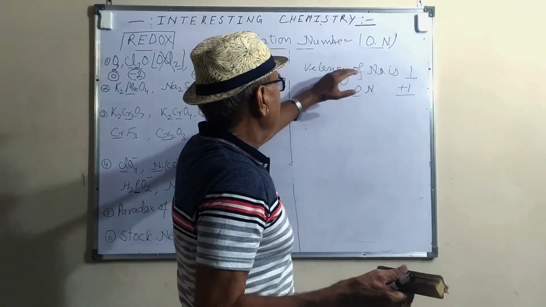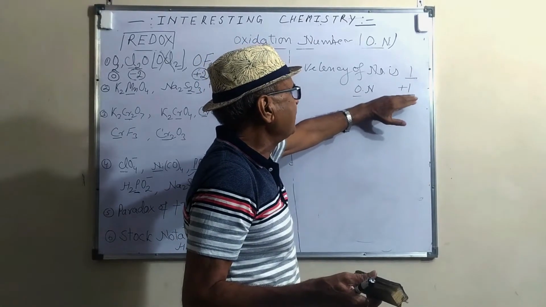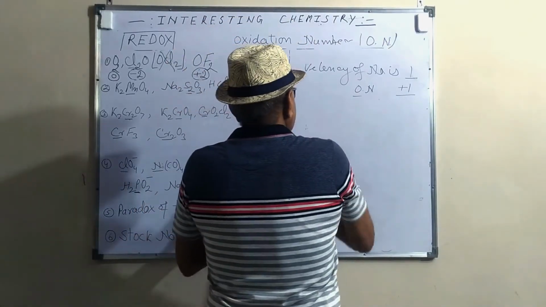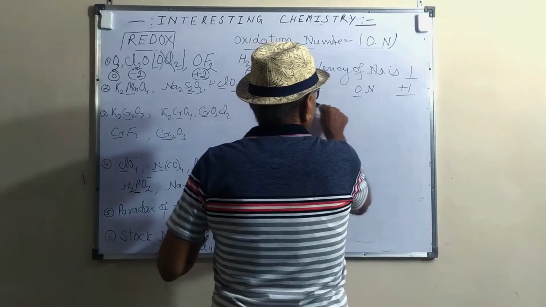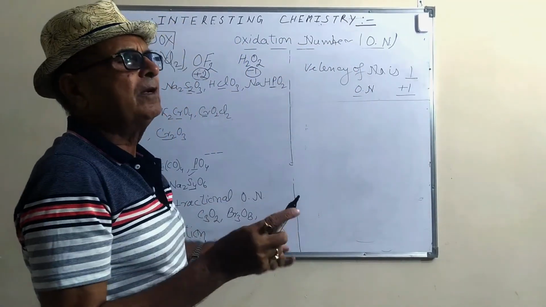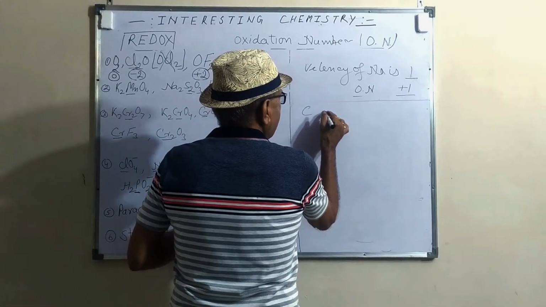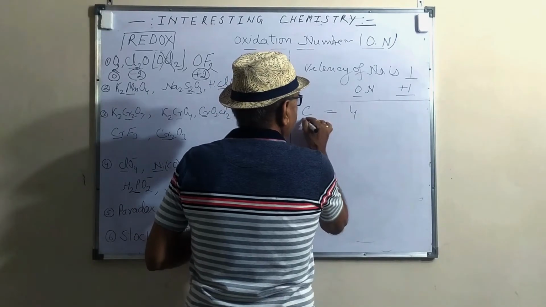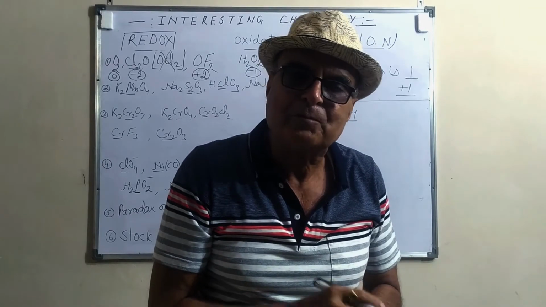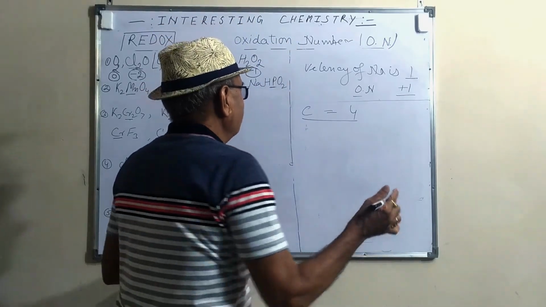Valency may be 1, but oxidation number is denoted by plus or minus, and the oxidation number may vary. The valency of carbon is always 4, but the oxidation number varies from -4 to +4.